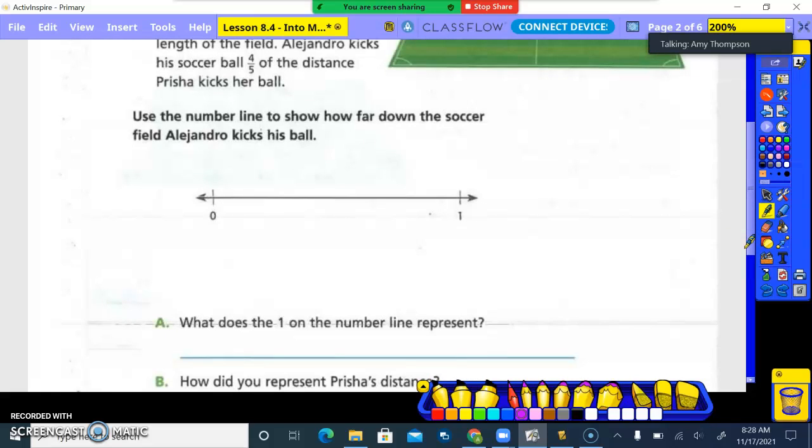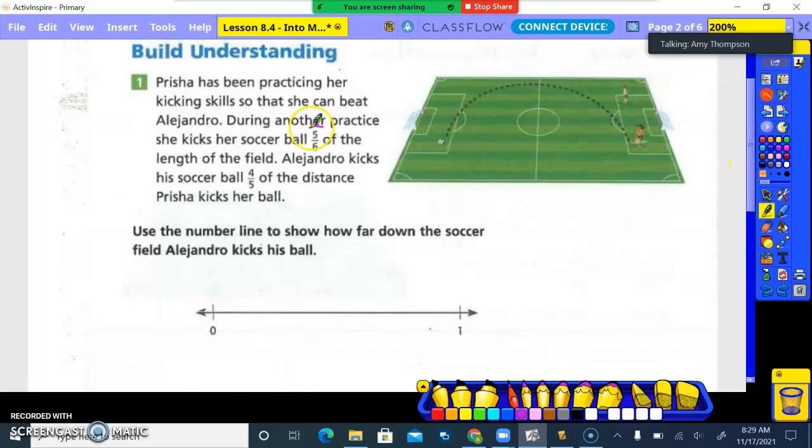Okay, so Prisha goes how far, guys? 5/6, right? Alejandro goes 4/5. So we're going to break it first into how many pieces? 6, right? And then we're going to label them.